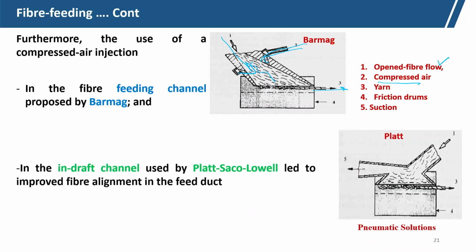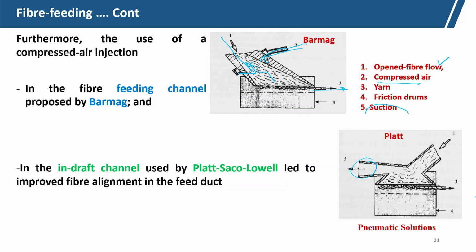and a pneumatic solution is also there, which was proposed by Platt, the Platt Saco system. In the drafting channel, what they have done is that one suction system is created. This suction system helps in alignment of fibers.